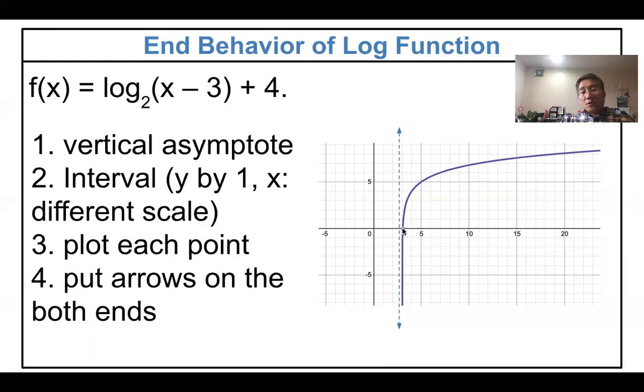Or sometimes you can go up by 10, 20, 30, depending on it. But you should be able to show at least 2 or 3 integers, so that you can show the shape of this log function. And then plot all the integer values only from the table and put the arrows. Here you should put the arrows on both ends. Then you are done. And you know how to describe the end behaviors, right?